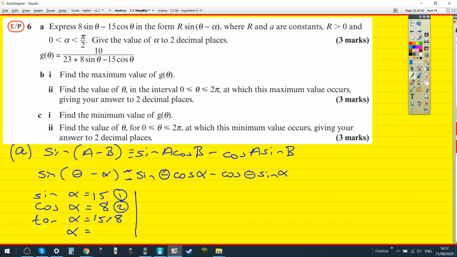I got 0.0327. To 2 decimal places, so 0.033. Okay.